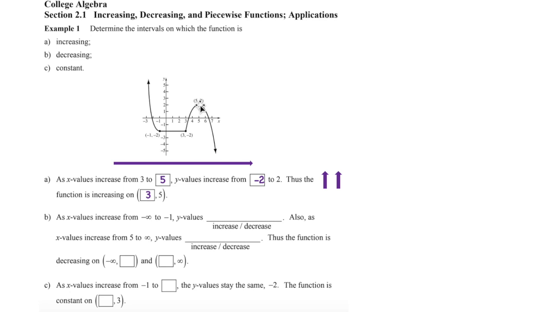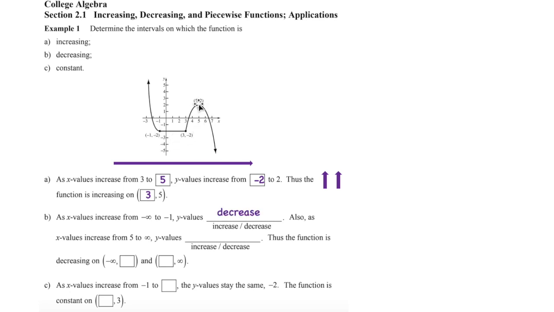Also notice that when I'm putting things in increasing and decreasing, we're excluding our points because they're almost always at a turning point. Also, our x values are increasing from -infinity to -1, but at the same time, our y values are decreasing.